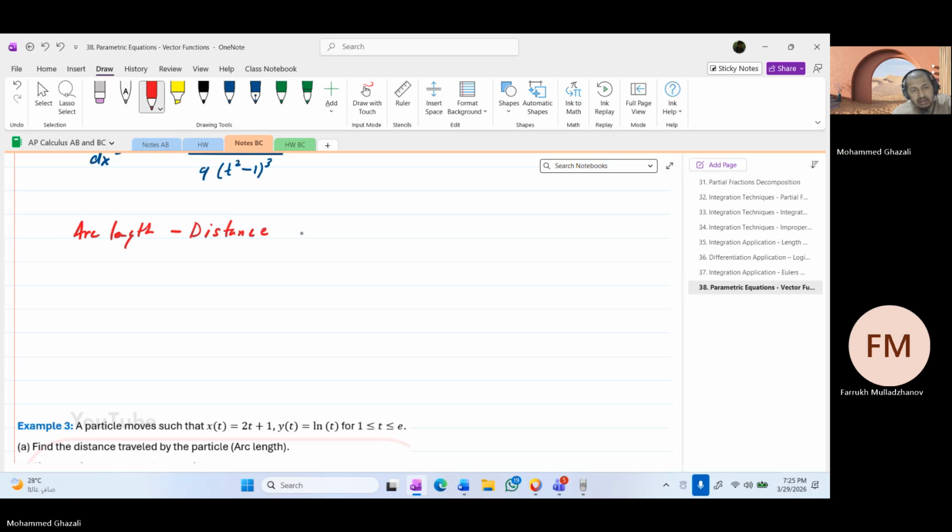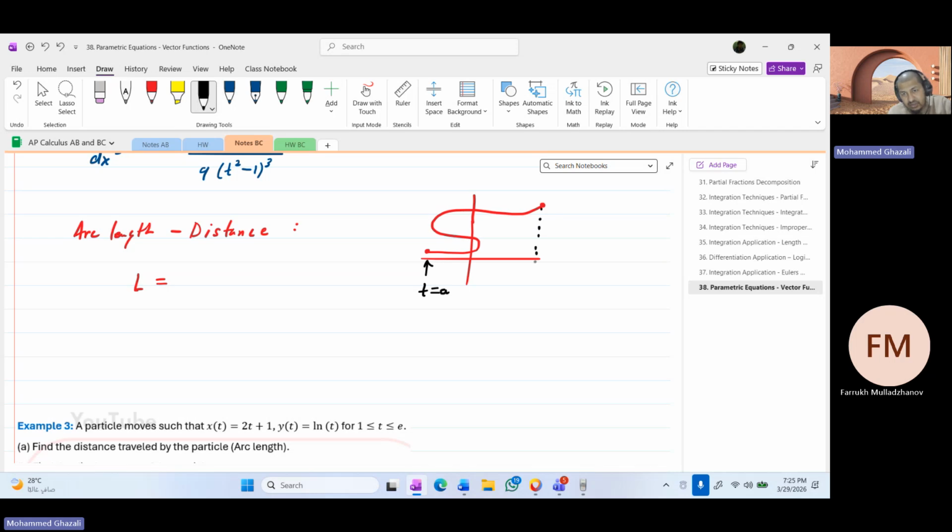Arc length, which is distance, is given by the formula L. You can get a curve like that. It started off at this point here, t equals a, and it ended at that point, which is t equals b.